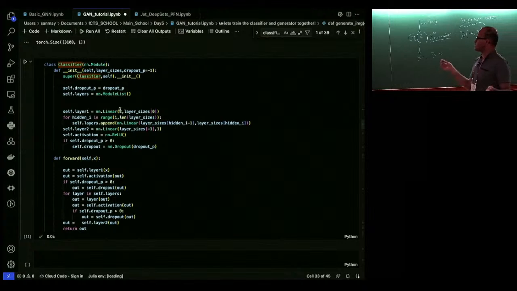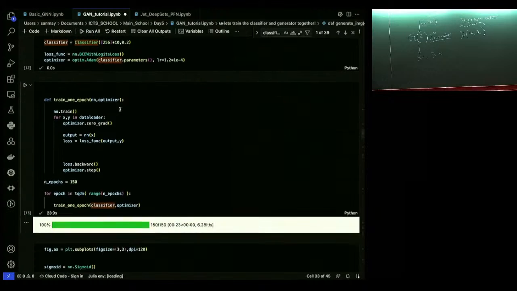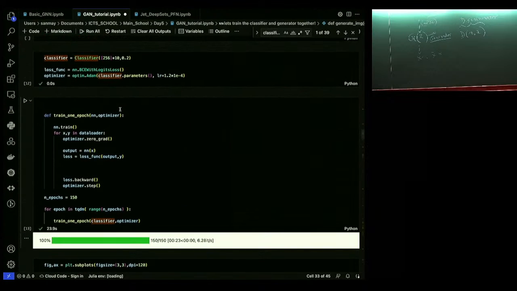If the feature space was something else, you would have changed that. First, we need to train a classifier, and we gave enough data points that we generated, so that we teach the classifier a priori, without touching the generative part, which one is the right data and which one is the wrong data.